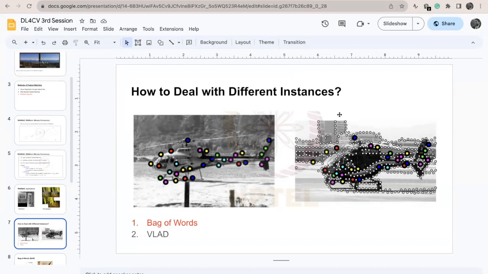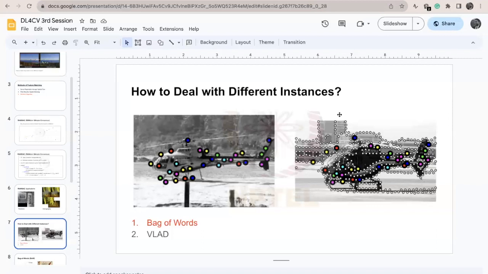But for a computer, it's very hard to explain that these two are the same object, just from a different manufacturer who manufactured it differently. That's why the size and the style of construction of the object is different.